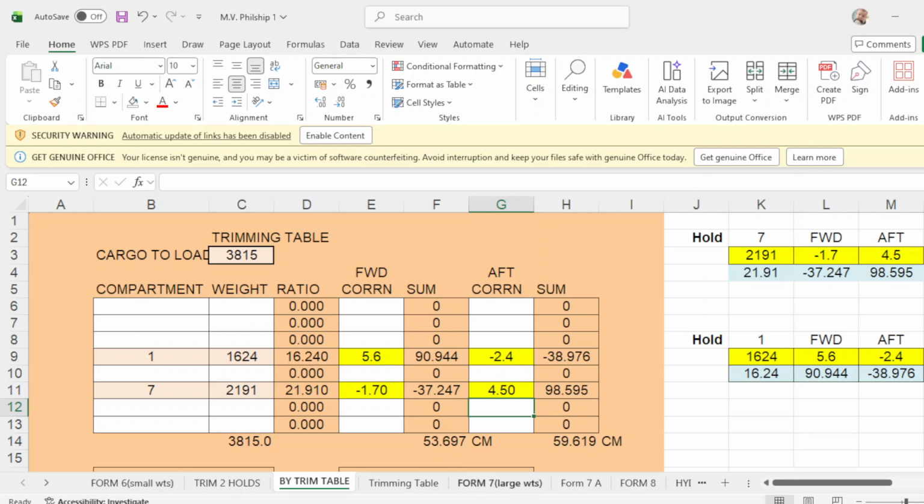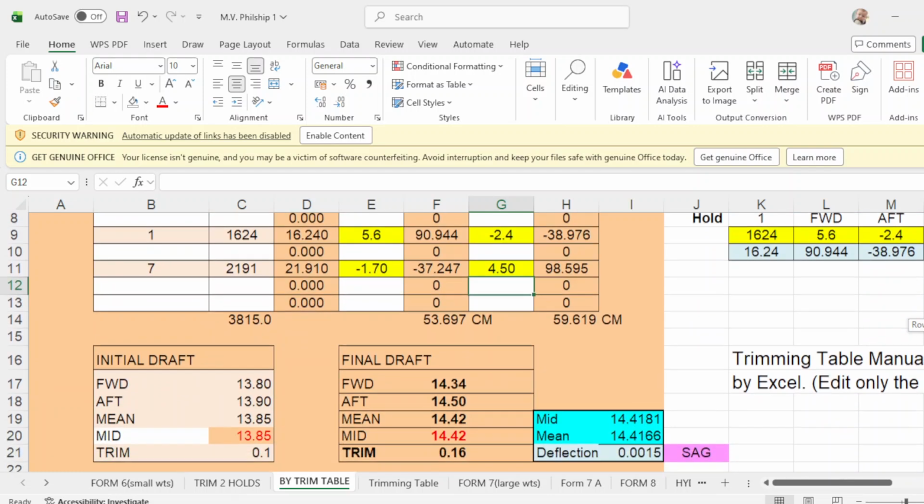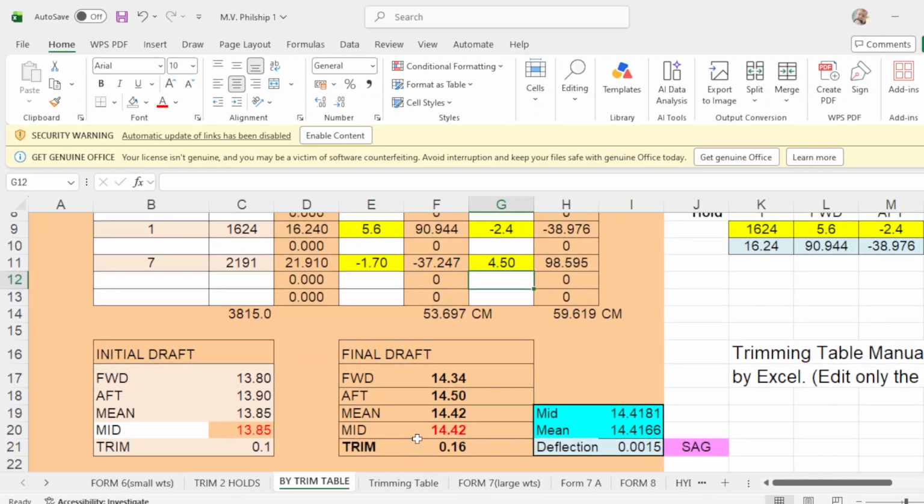Now take note of the draft after applying the correction. It should be even keel of 14.42. Your main is 14.42, but it's not even keel. Your draft forward is 14.34, which is less than 14.42, and up is 14.50, which is more than 14.42.